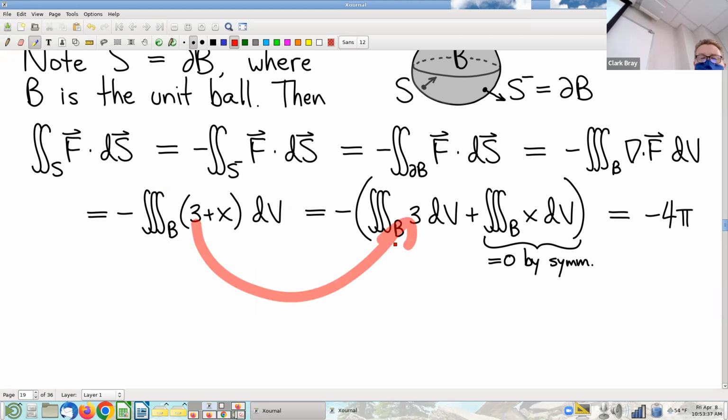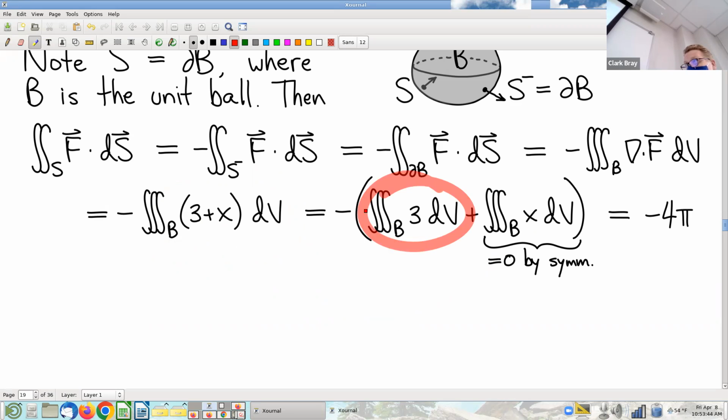Separate this into two separate integrals. This integral is the integral of a constant over a barnyard variety geometric solid that we know the formula for the volume of, and this one is 0 by symmetry. So very neat move. Be on the lookout for this. If you have an integrand that itself is not very nice, consider the terms separately. They might be nice in different ways.